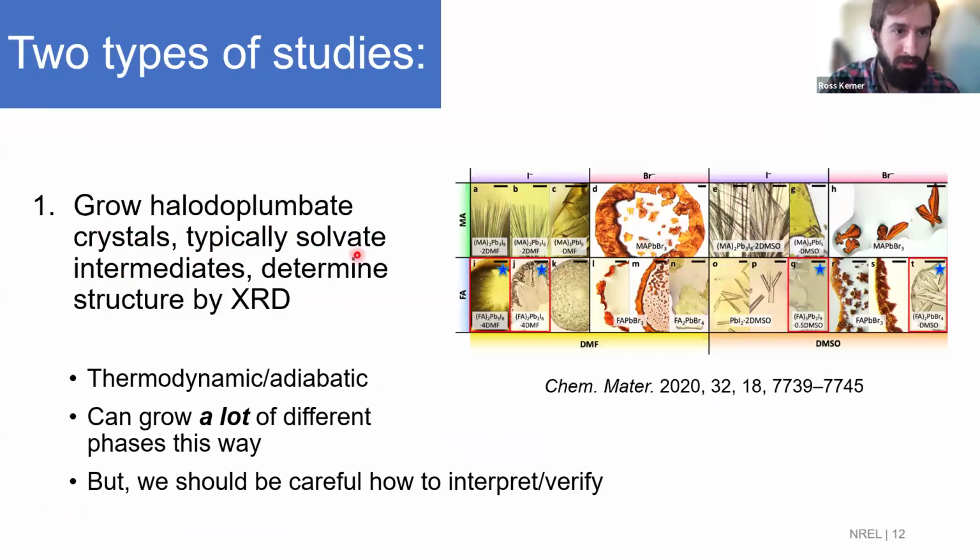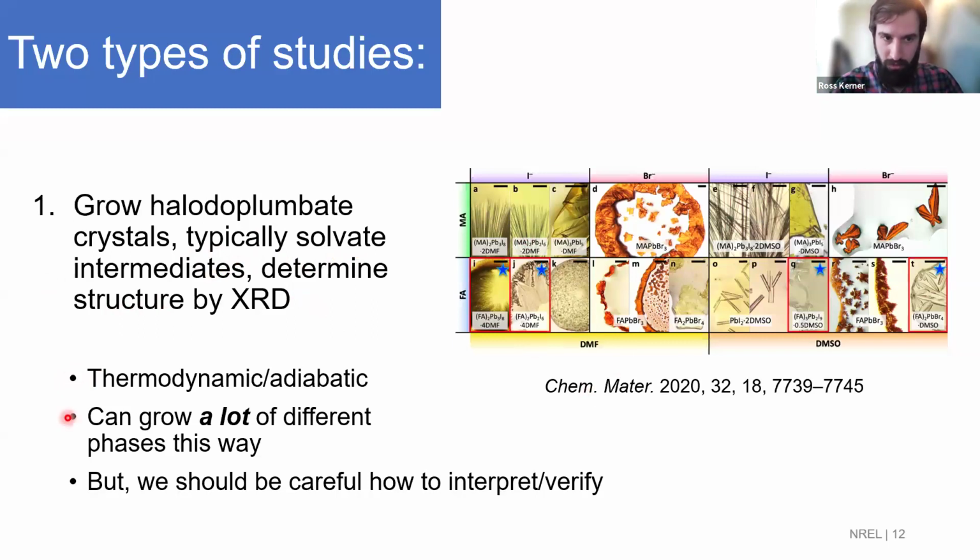Typically they're aiming to grow some solvated intermediate. And they do this slowly by, say, anti-solvent vapor infusion, or they drop cast it, and it dries slowly. And then you can fish these crystals out with a little nylon loop. And then you determine their structure by single crystal XRD. And I consider this more of a slow growth thermodynamic approach.